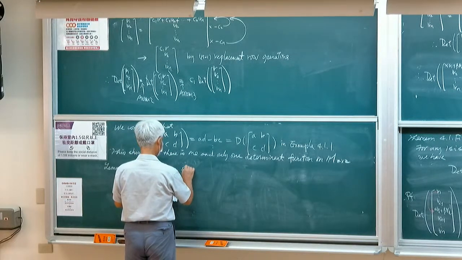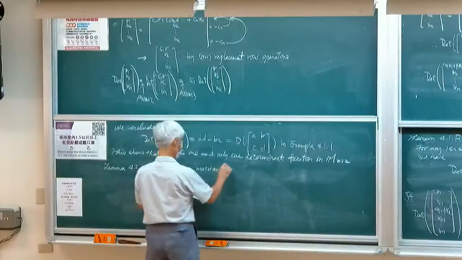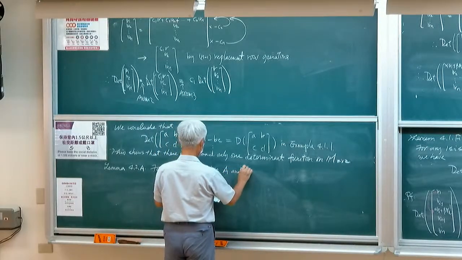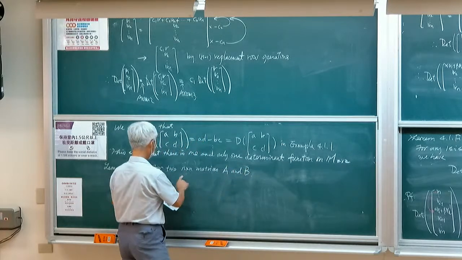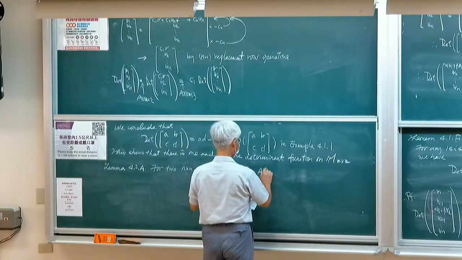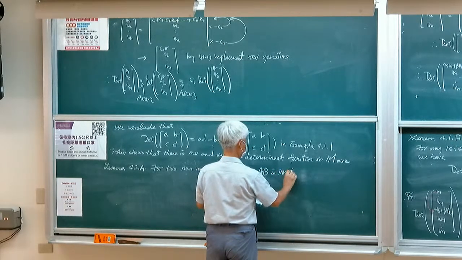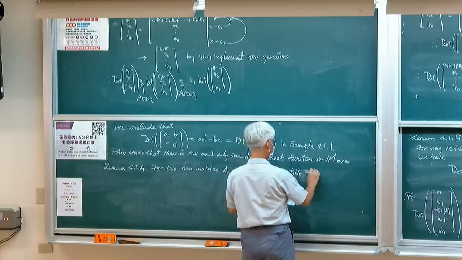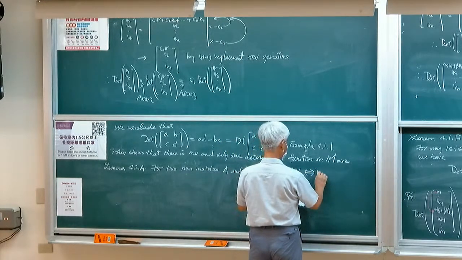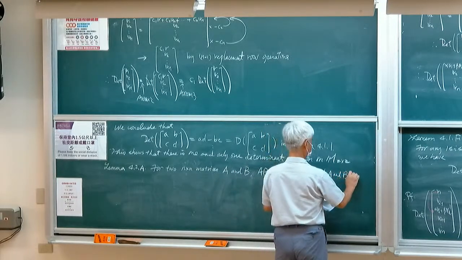For any two n by n matrices A and B, the product of A and B is invertible if and only if both A and B are invertible.